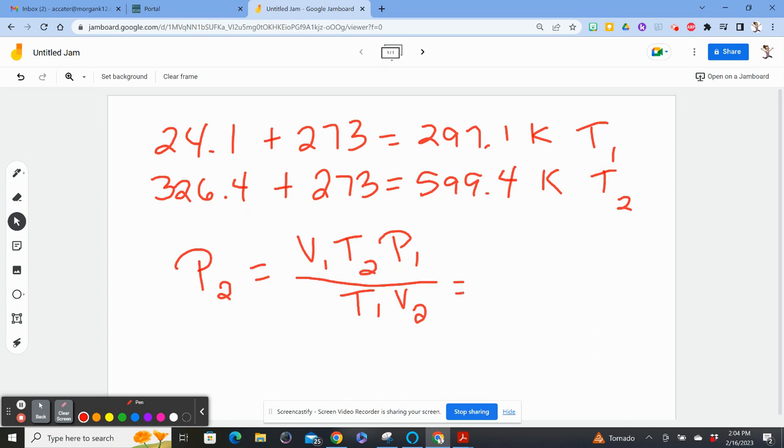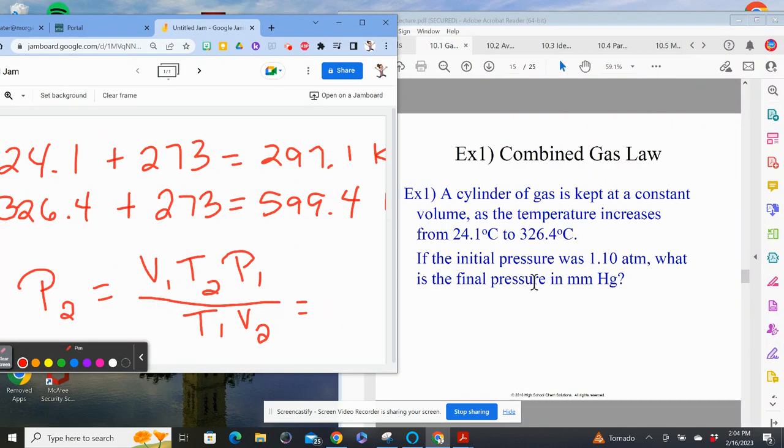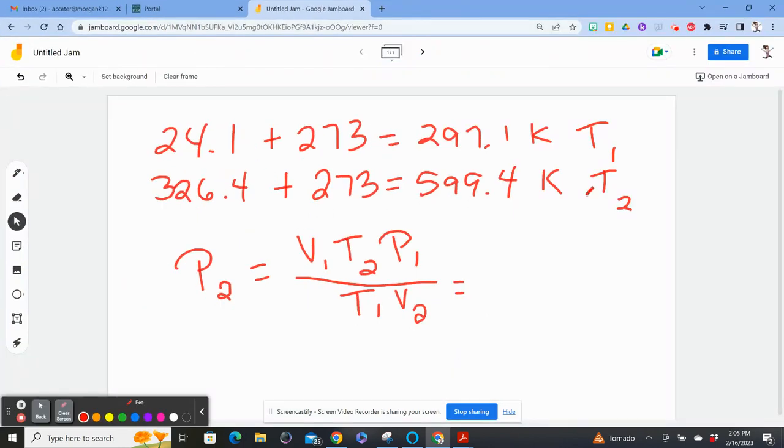Again, the ones are my initial things and the twos are my final things. If I go back and look at the rest, I have 1.1 atmospheres, and it says the cylinder has a constant volume. If it's a constant volume, those numbers fall out because they're going to be the same.